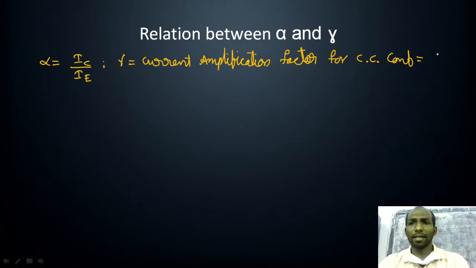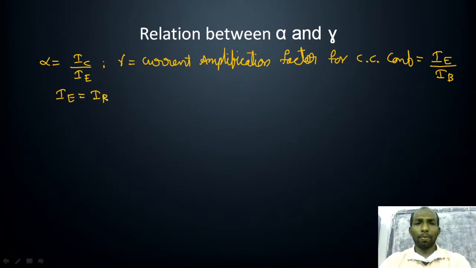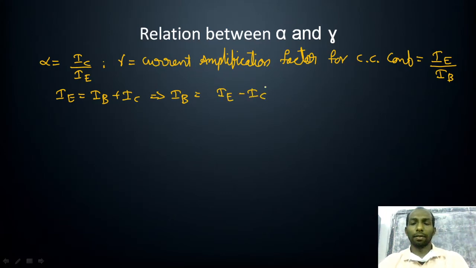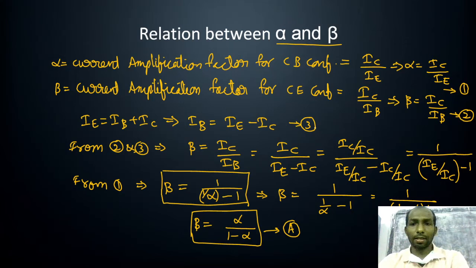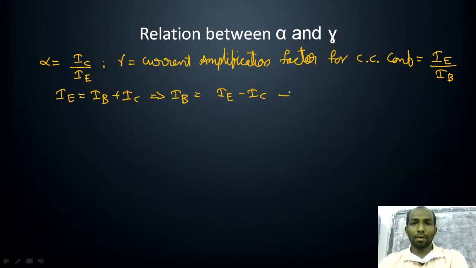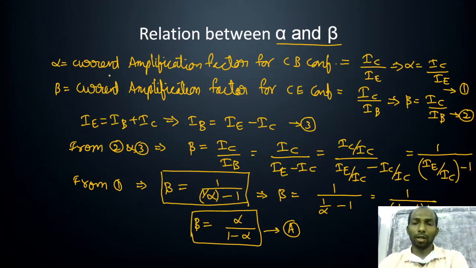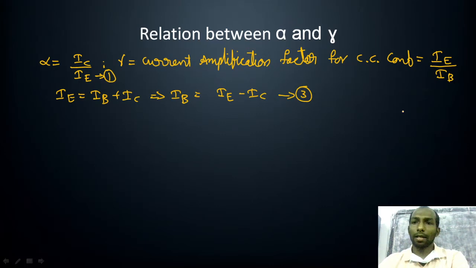Here the output current is the emitter current and the input current is the base current. Again we know that IE is equal to IB plus IC, so IB is equal to IE minus IC. We have considered this as equation 3, and this is equation 1, and let us consider this as equation 5.